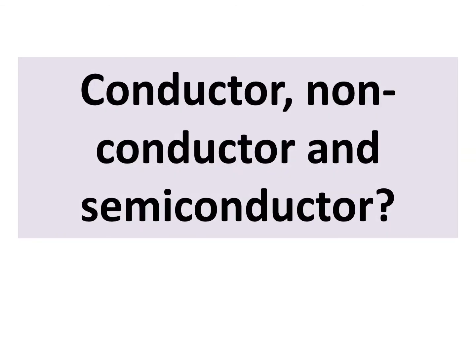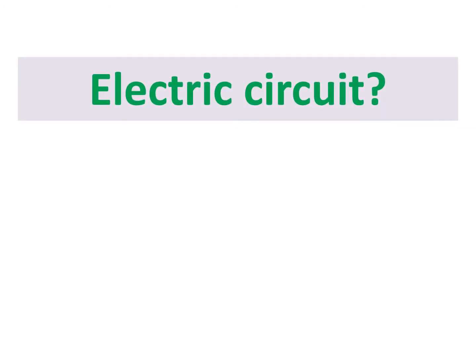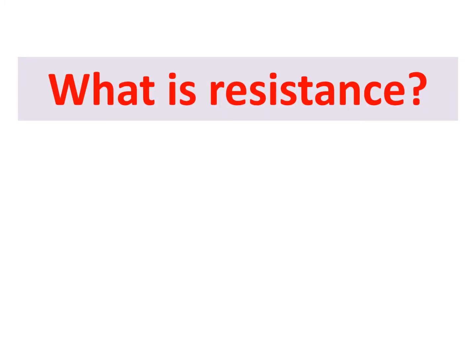Moreover, you have to read from a book about conductor, non-conductor, and semiconductor. Moreover, you have to understand electric circuit. You have to understand what resistance is. You will find out the meaning of resistance and electric circuit from your book.